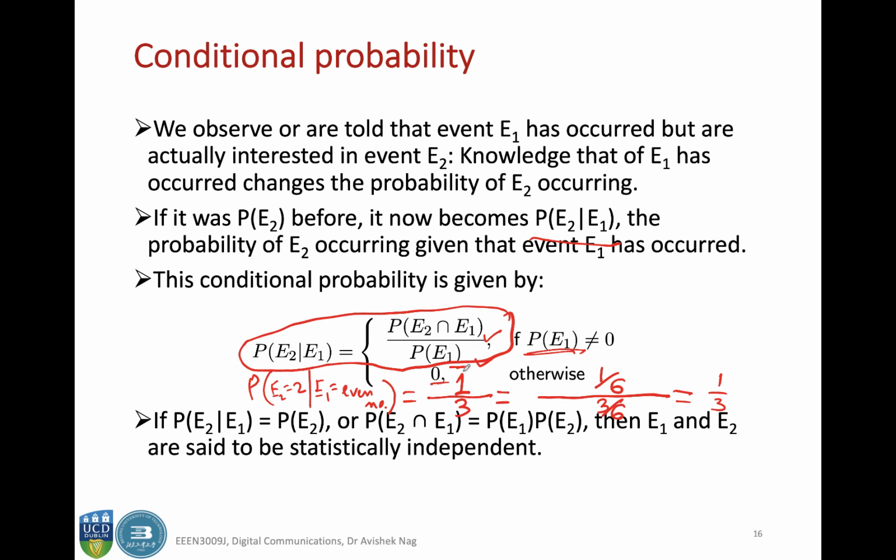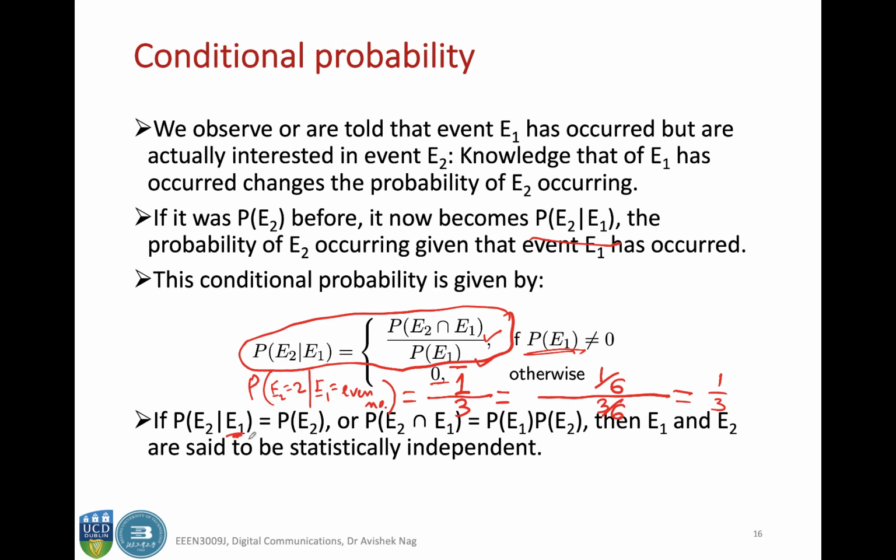Now there is a case that if probability of E2 given E1 is equal to probability of E2, that means E2 does not depend on your observation of E1. Whether E1 has occurred or not doesn't affect the conditional probability.